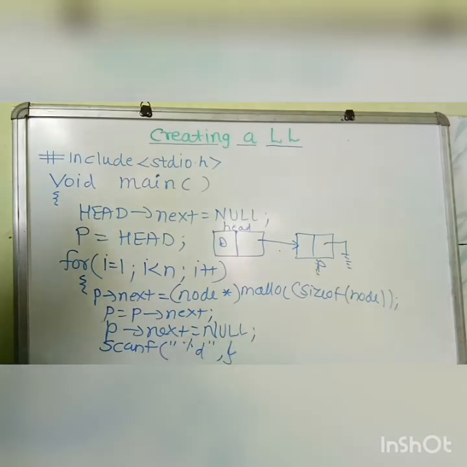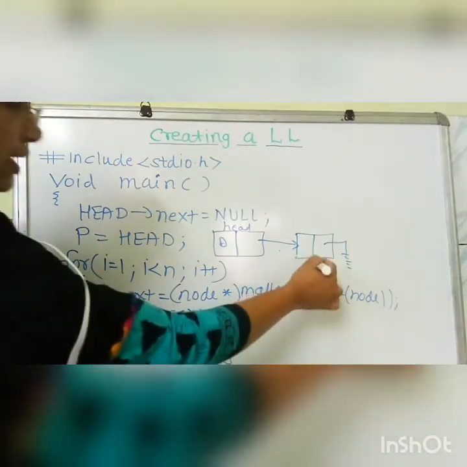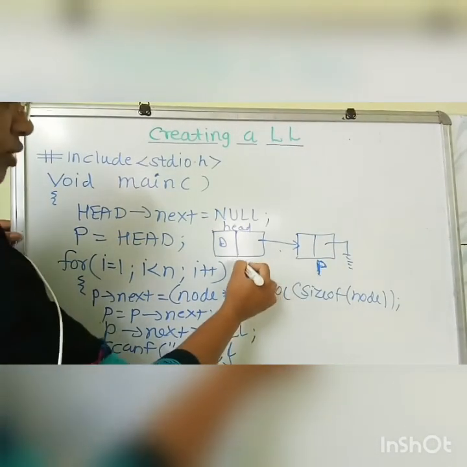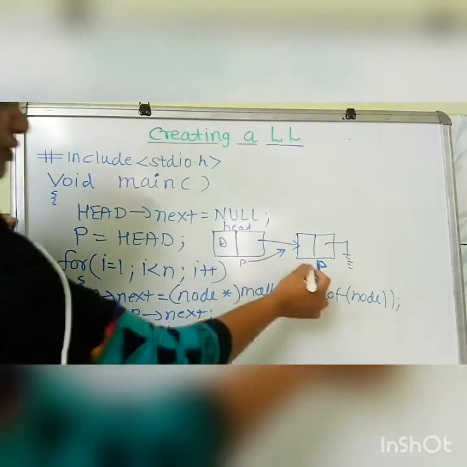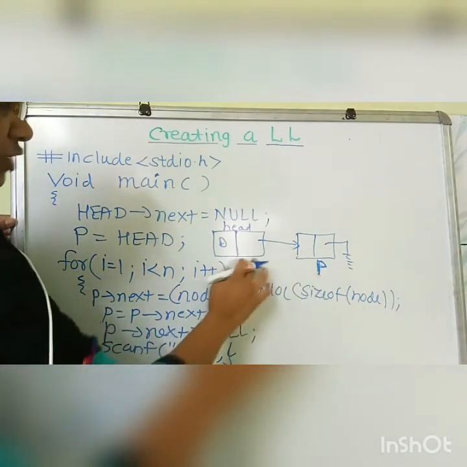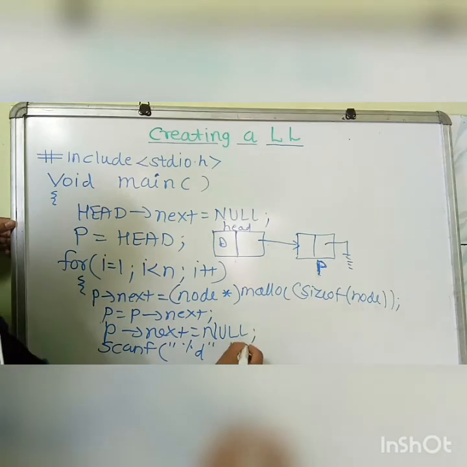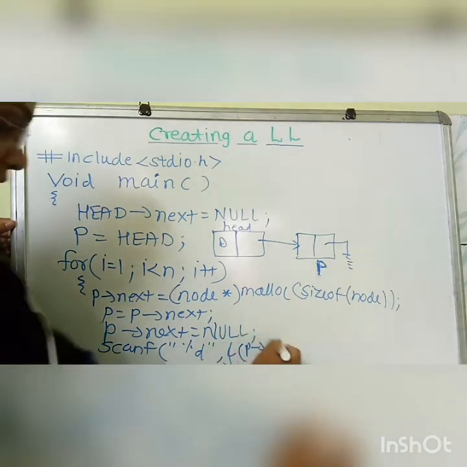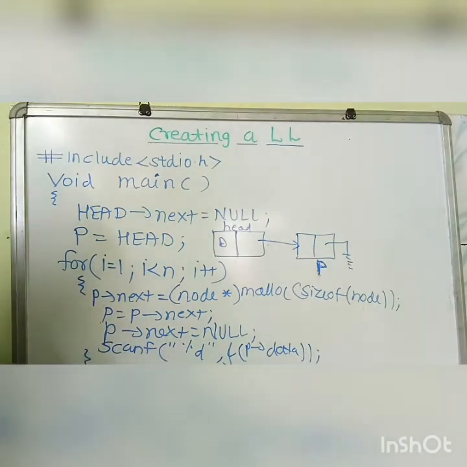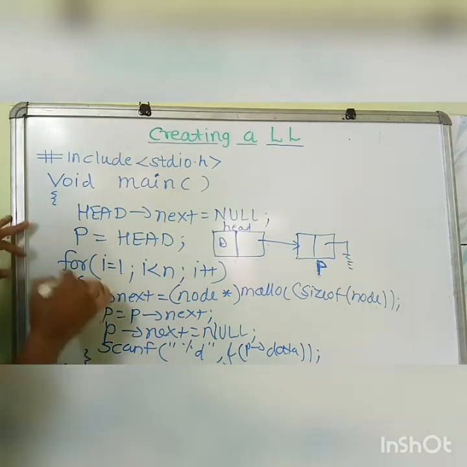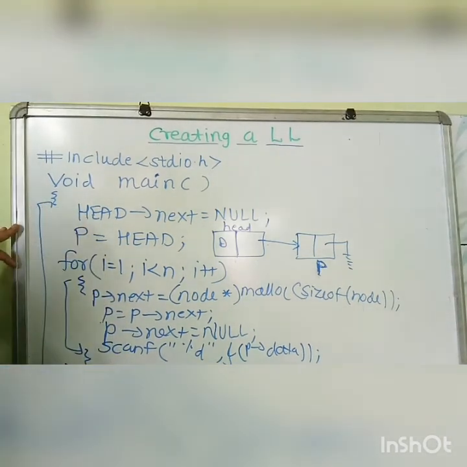Now we are actually taking the data elements in p, because we had only created this new node by p pointer next, but now we have shifted p to the actual next element, so we use scanf %d ampersand p pointer data, and we complete the for loop and also the main section here.